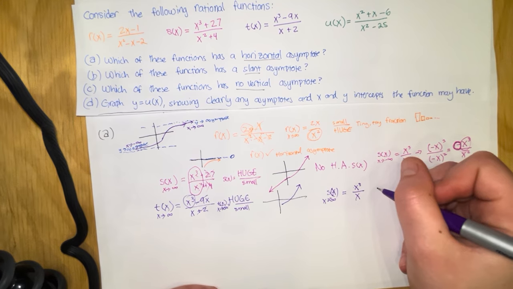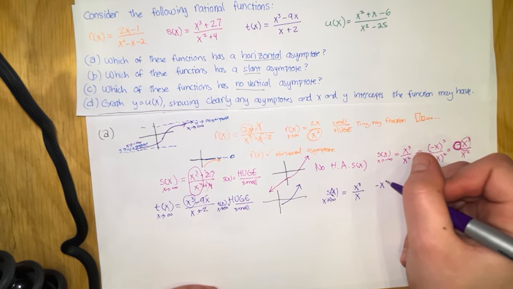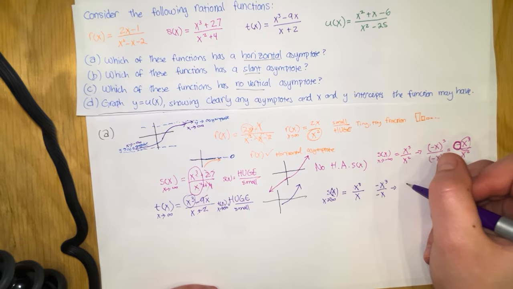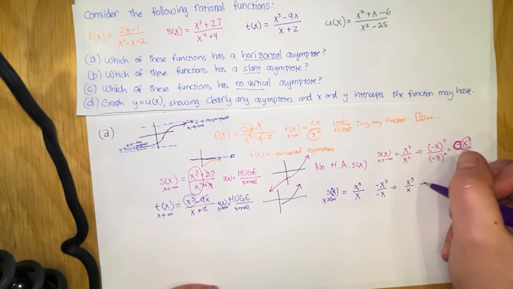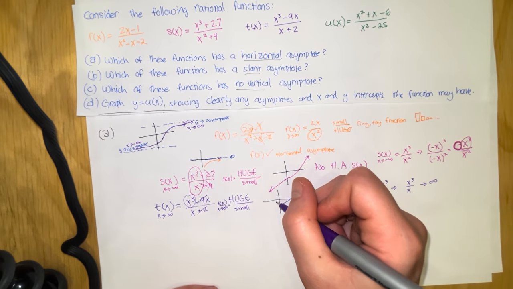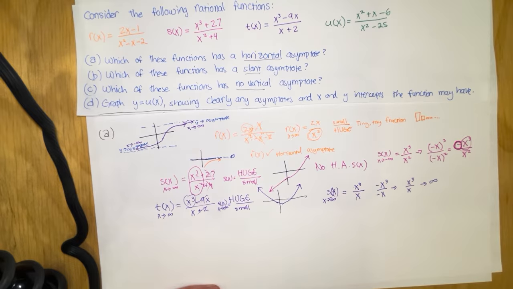And if x is going towards negative infinity, then we will have negative x cubed over negative x, and that will be the same as x cubed over x, which will go towards infinity. So we'll also have y going towards infinity as x goes to negative infinity, but either way, we have no horizontal asymptote.